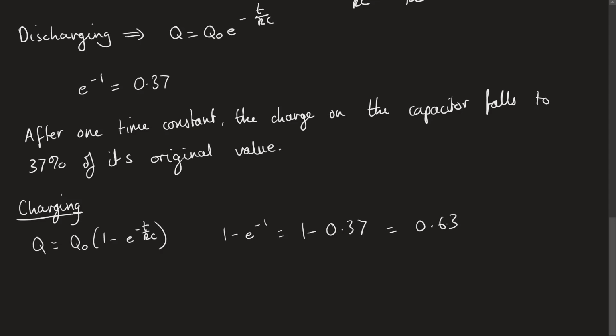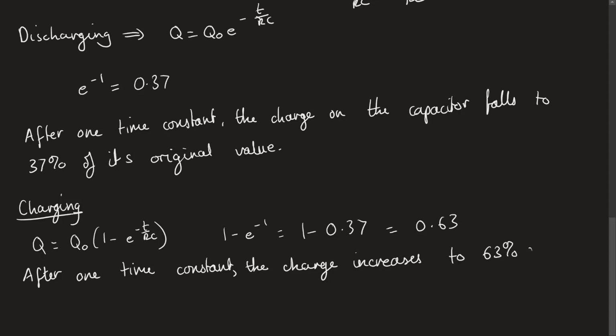So after one time constant, the charge increases to 63% of the maximum value. If the maximum value is Q naught and we multiply Q naught by 0.63, we're saying that after the first time constant, we've increased to 63% of the original value.